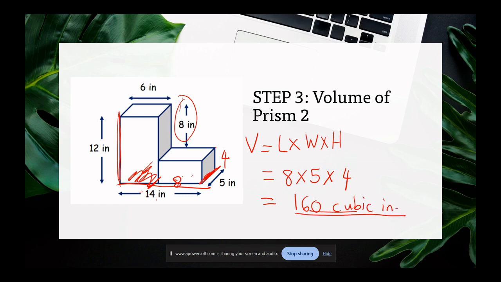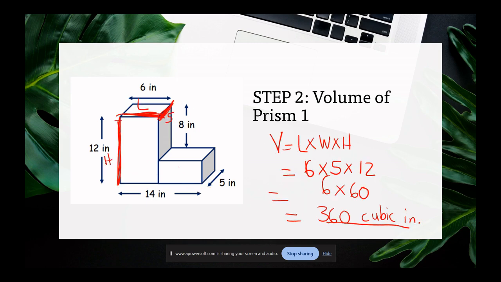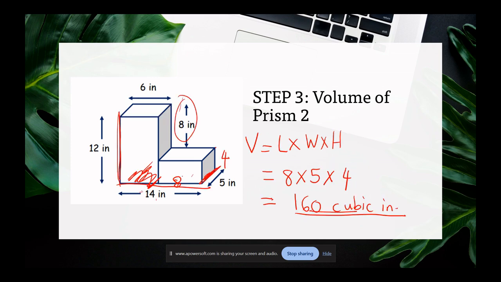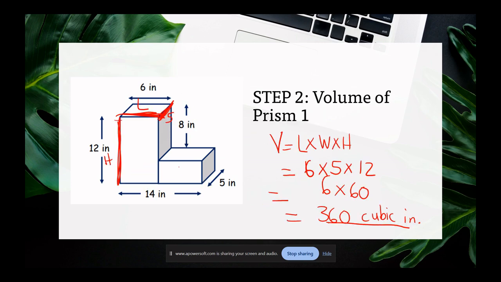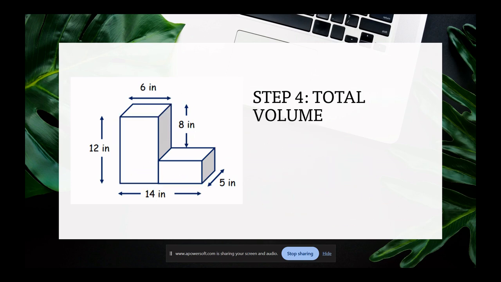Now, I'm left with my last bit, which is to work out the total. I have to add up these two values. So I will say 360 plus 160, and that will give me 520 cubic inches.